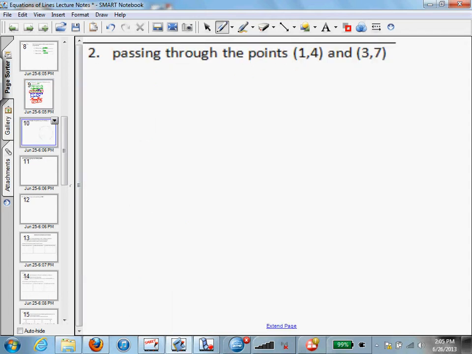Alright, passing through the points 1, 4 and 3, 7. For this, you actually need to find the slope first. To find the slope, you use the equation m equals y2 minus y1 over x2 minus x1. So there's x1, there's y1, there's x2, and y2.